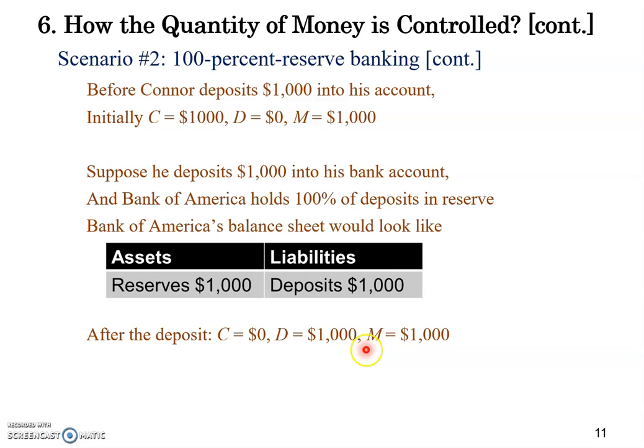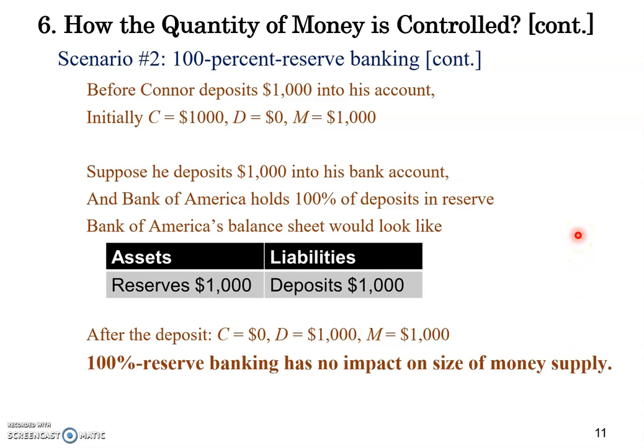Money supply is the sum of these two. It stays unchanged. It's still $1,000. So here we can draw an important conclusion that 100% reserve banking has no impact on the size of the money supply.